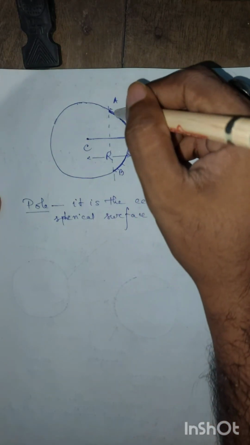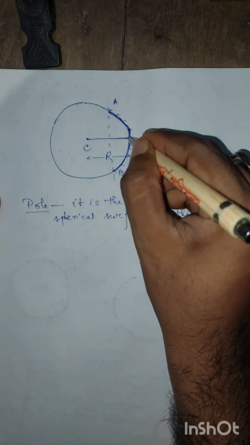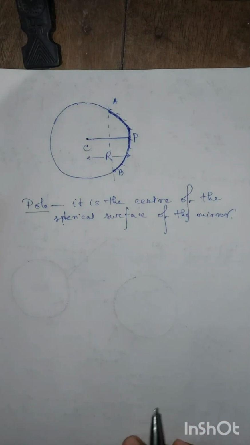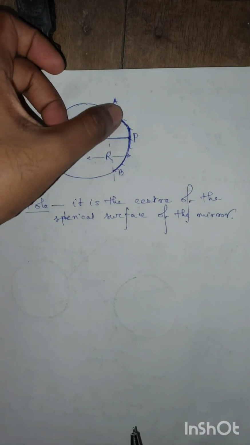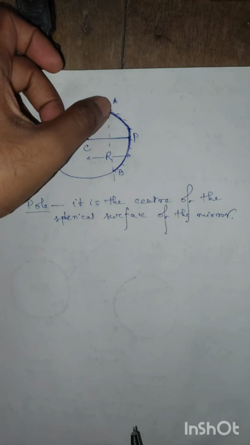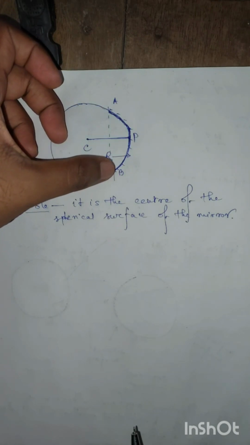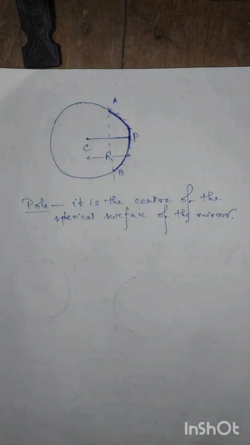That means this is the center. Okay, this is our center. This is called our pole. Okay, so this is our spherical surface of the mirror, APB. This is the spherical surface, and the geometrical center of it is called pole.